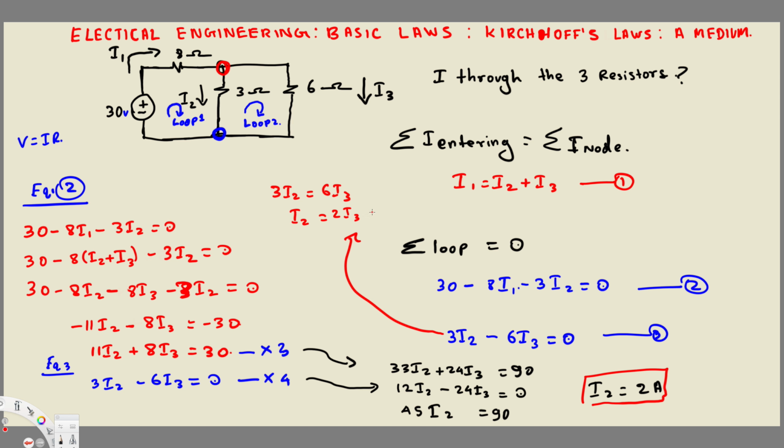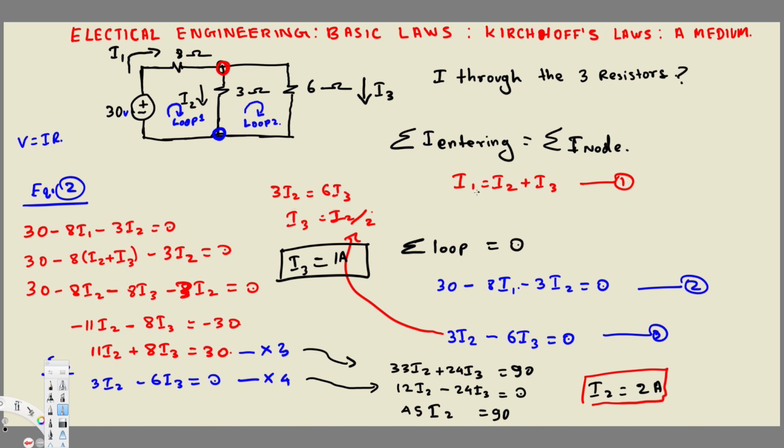So we are trying to find I3 right here. We already know I2. So I3 is going to be 3I2 divided by 6. That's going to be I2 divided by 2. I2 is 2 ampere divided by 2, that's going to be 1 ampere. So I3 is going to be equal to 1 ampere.